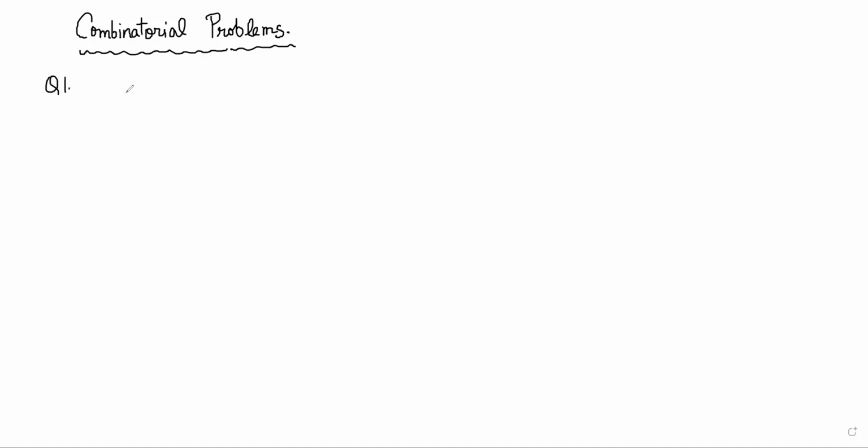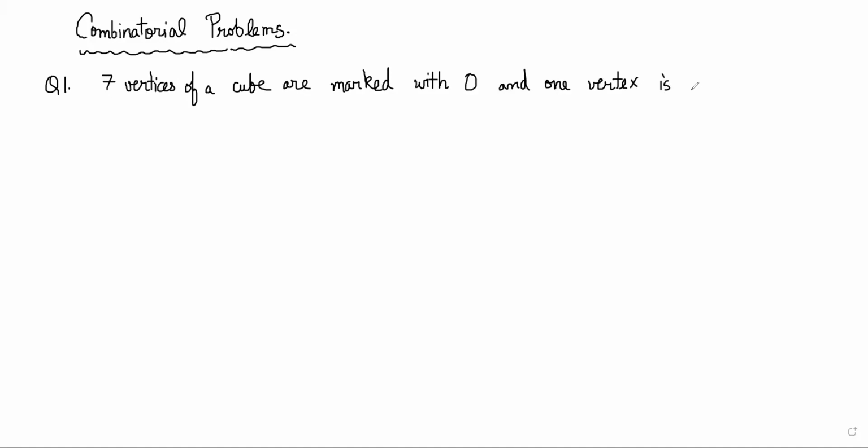So the first question is this: seven vertices of a cube are marked with zero, and one vertex is marked with 1. Now we have to do the following operation.